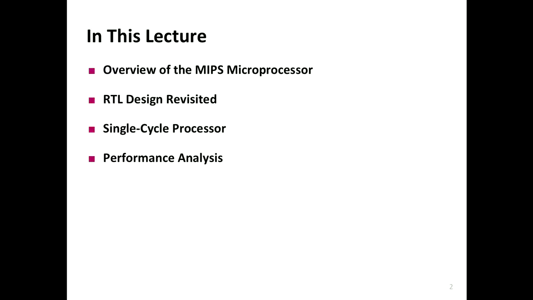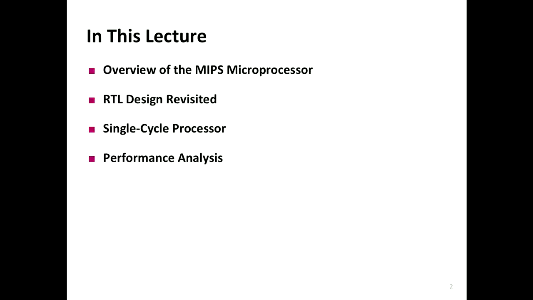We saw some instructions like R type, I type, J type. Hopefully the assembly programming part was completed last week. So we saw how these sequences of instructions are going to be executed. And today what we are going to see is how each of these instructions is actually implemented in hardware.